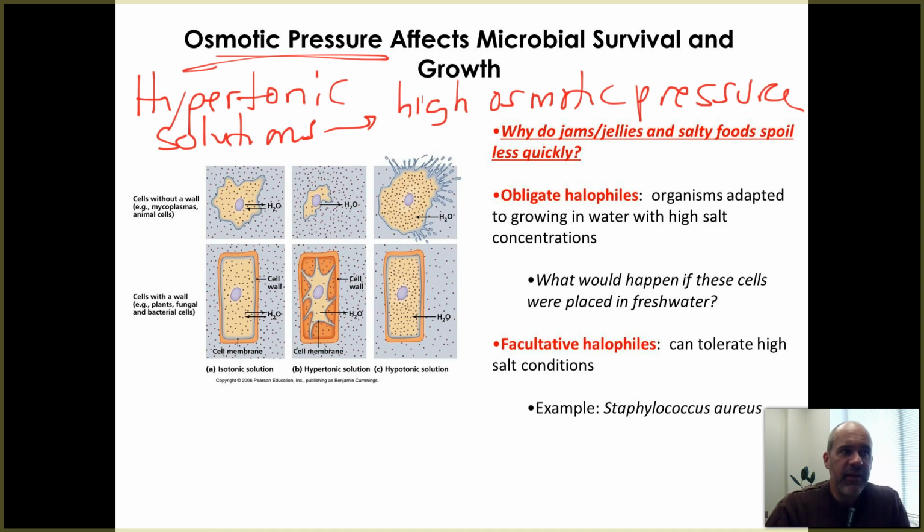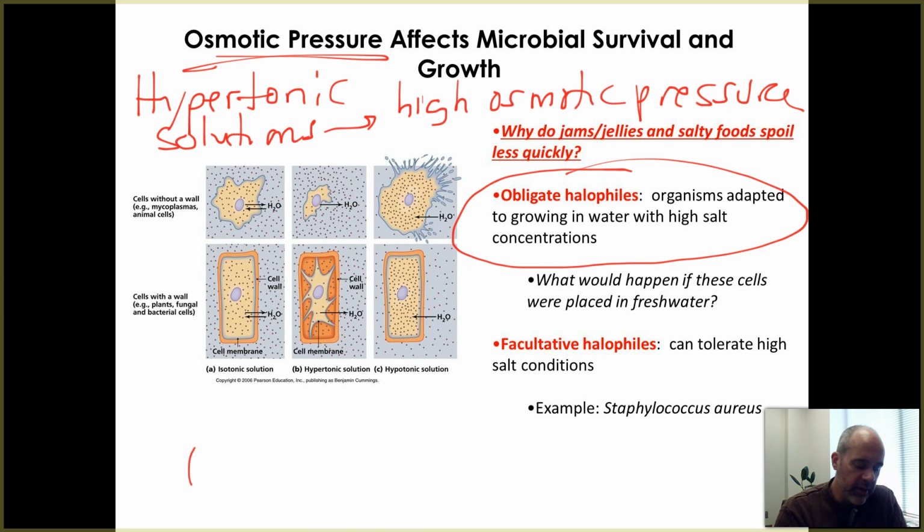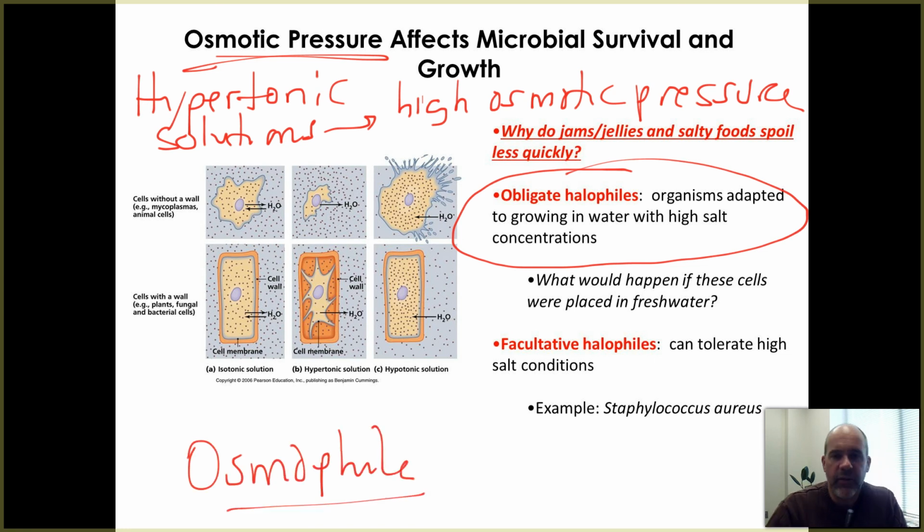All right, so this also impacts microbial growth. Different microbes are adapted to different solute concentrations. Okay, so if you have an obligate halophile, or your textbook is using the word osmophile as well to refer to microbes that are adapted to high solute concentrations, high osmotic pressures.